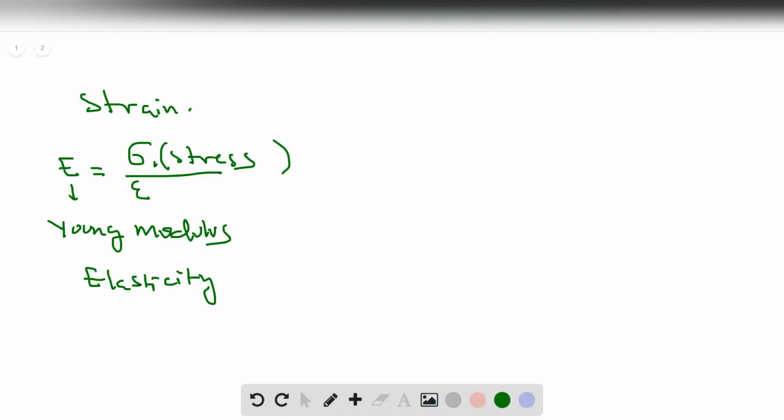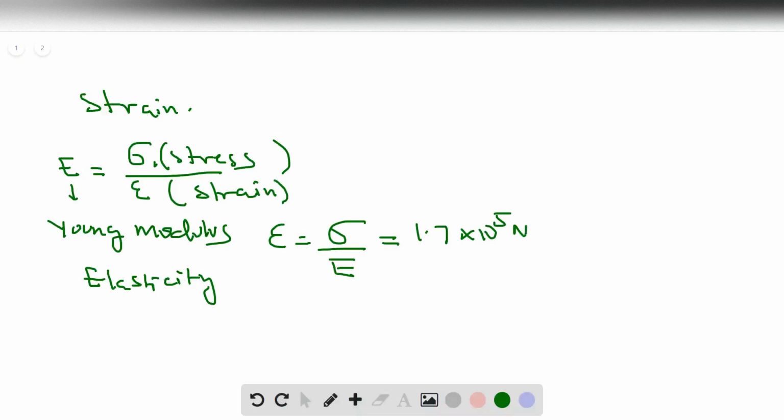Given that relationship, epsilon simply becomes the stress over Young's modulus. We already know the stress from the previous page. It happened to be 1.7 times 10 to the 5 newton per meter squared.